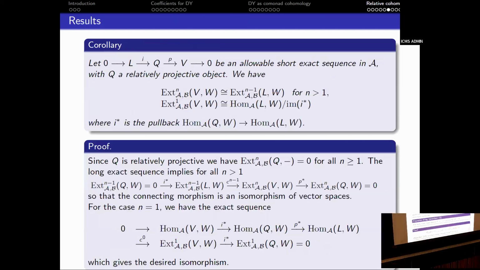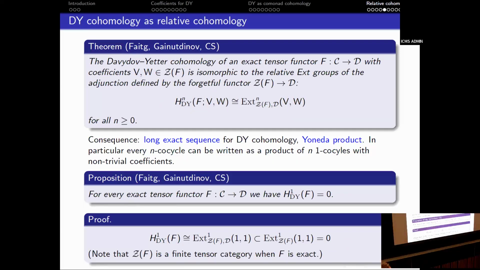So in this case, we get automatically a vanishing result. So exact tensor functors do not admit any deformations. So do you assume characteristic 0? Yes, I should have written it down. I'm assuming that this result holds, and this is a result which uses characteristic 0. Yeah, thanks.